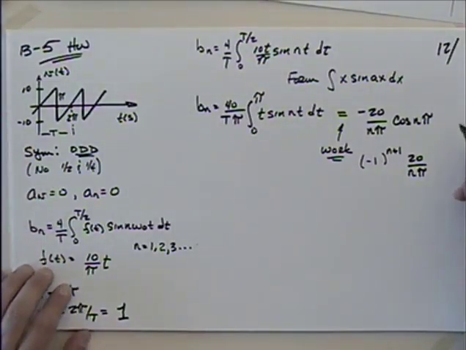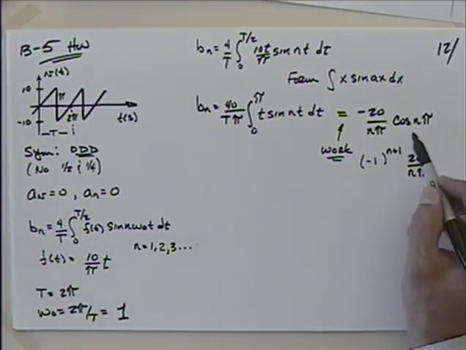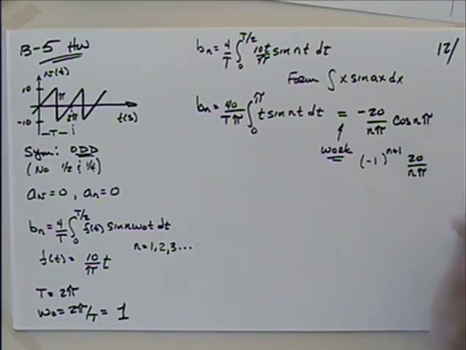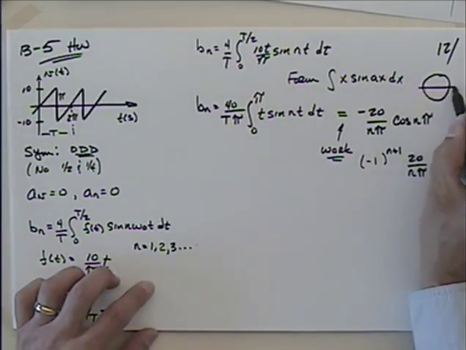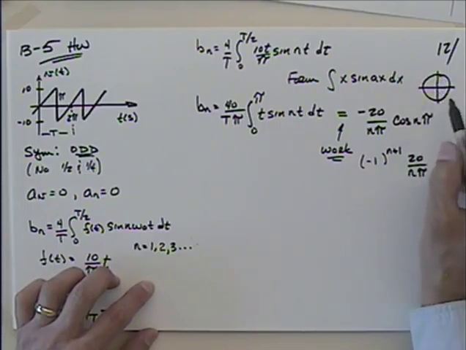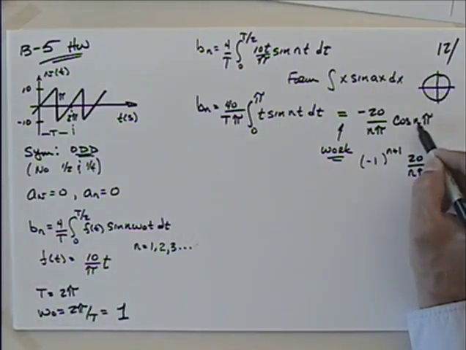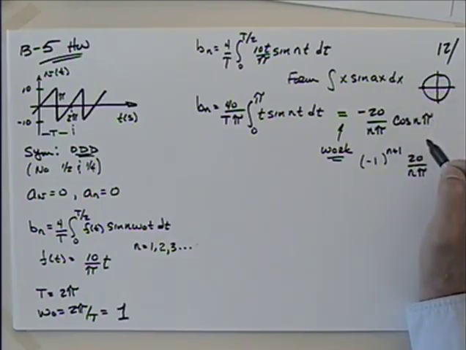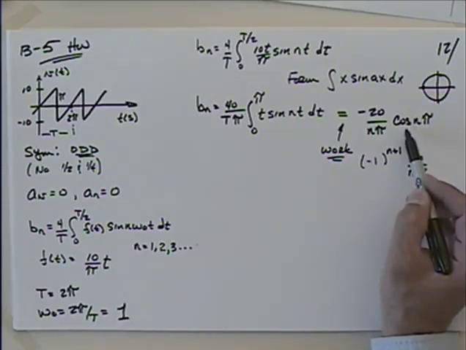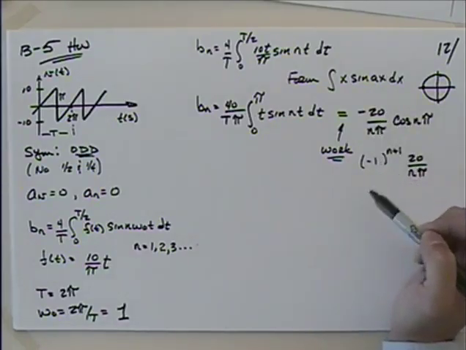So if I look at this, looking at the unit circle here, when n is equal to 1, I have the cosine of pi. So I'm going to be over there at minus 1. So when n is equal to 1, this turns out to be minus 1, and I'm left with 20 over n pi.